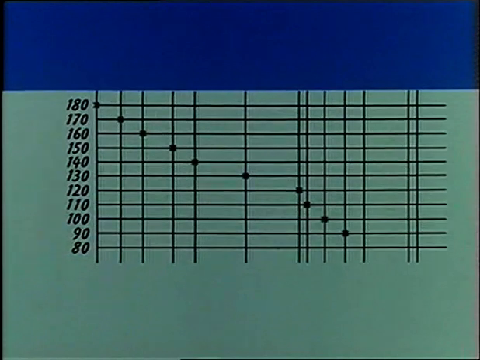And then drop vertical lines down from the edge of the paper. Mark the points of intersection. 180 metres, 170, 160, 150, 140, 130, 120, 110, 100, 90. A snag.